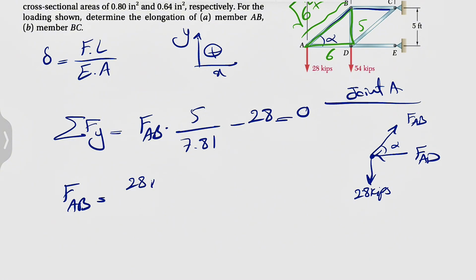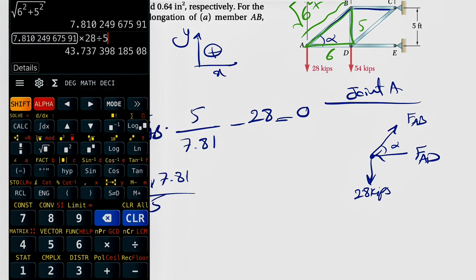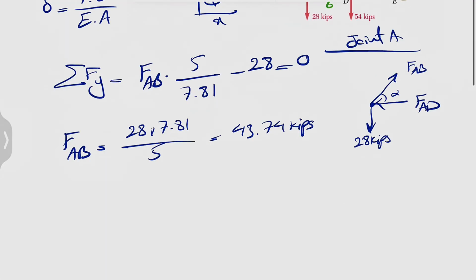Easy: 28 times 7.81 divided by 5. That's going to give us 43.74 kips.